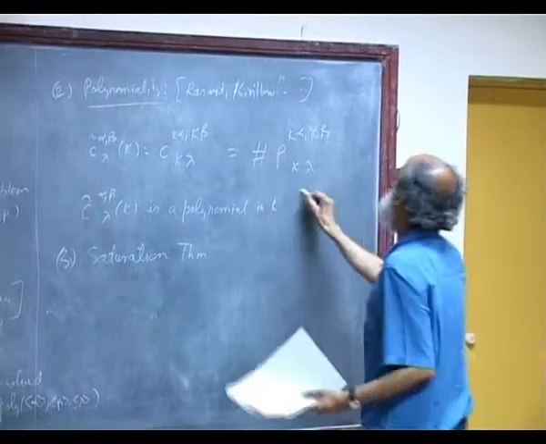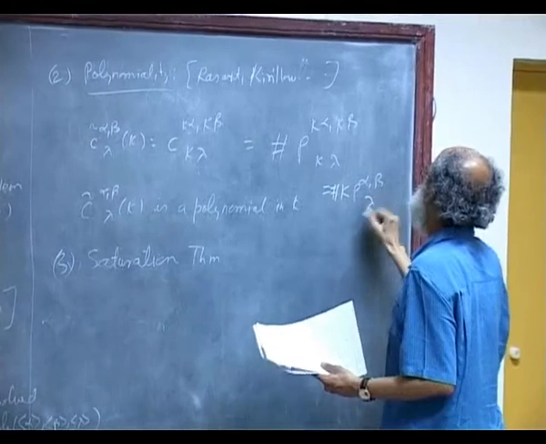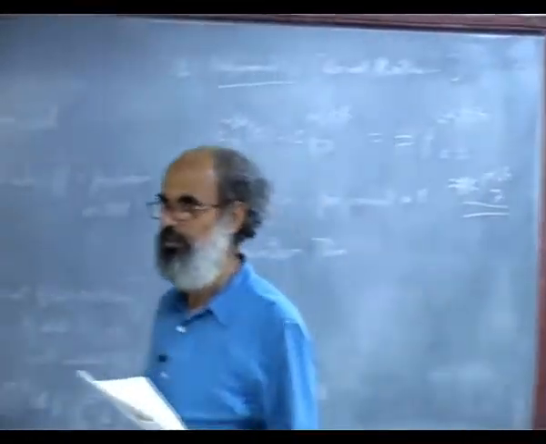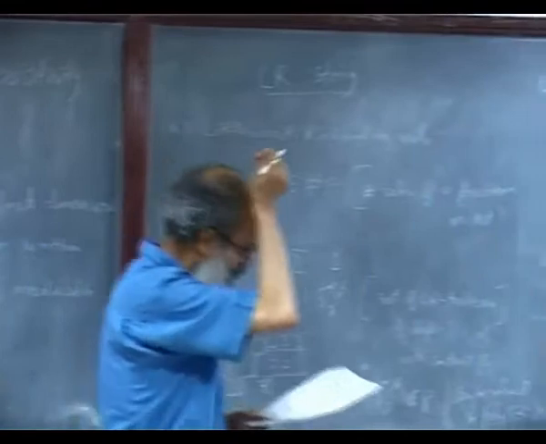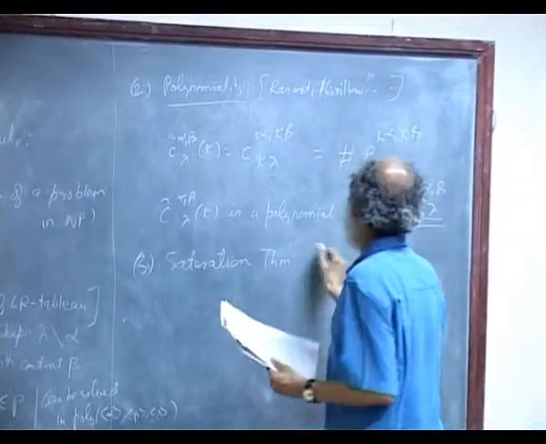By general theory you would know that it is a quasi polynomial, but they actually showed that it's a polynomial. And then there is the saturation theorem of Knutson and Tao.